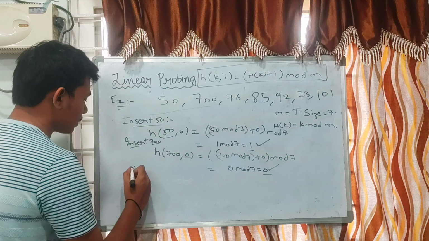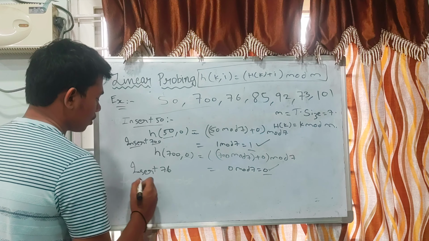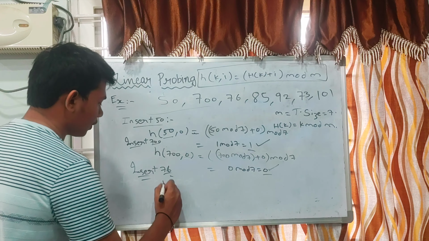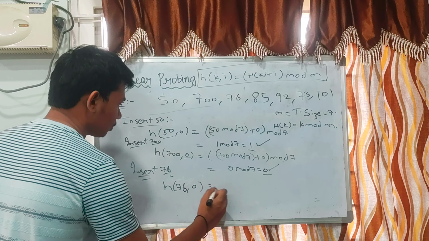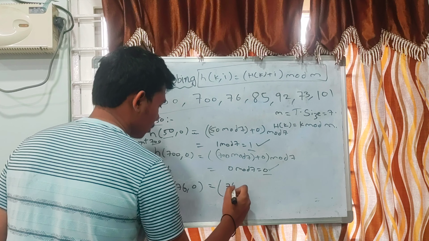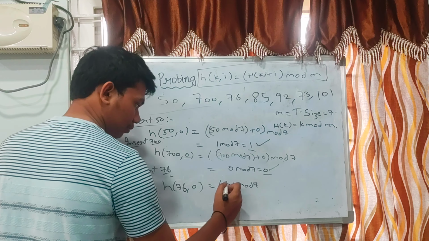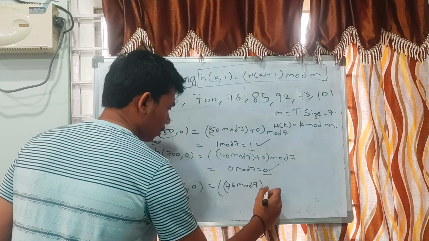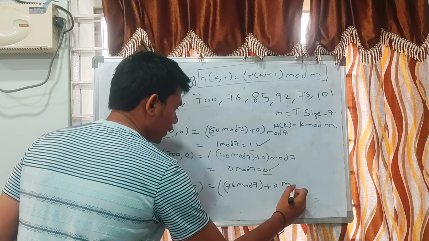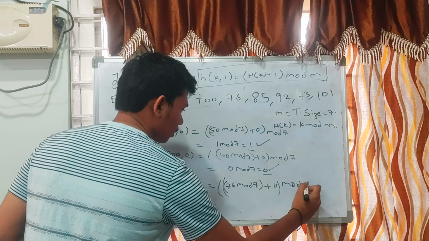Now let us insert 76. As usual, we have to start with the 0th probe. So 76 mod 7 plus 0 and mod 7.